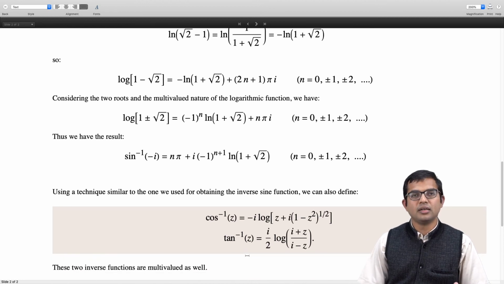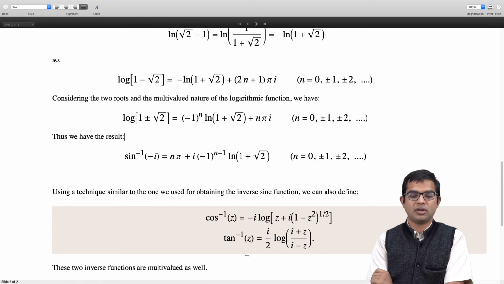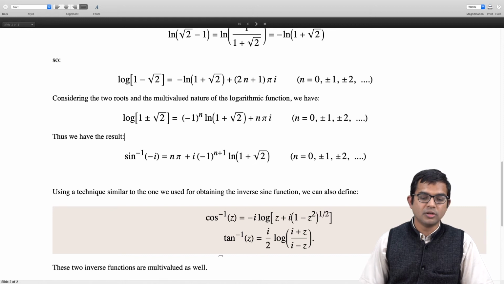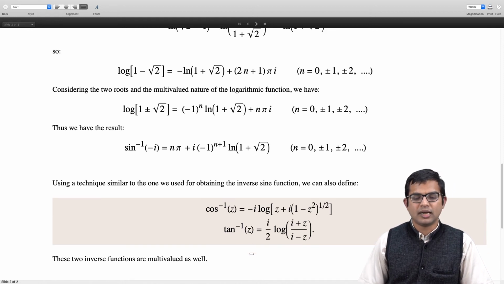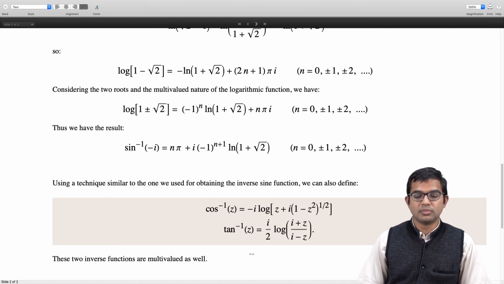Both of these are again multi-valued functions, and there is a way to analyze these functions as well inside some single valued branch, as it is called. And in fact, within that branch, since log is a nice well-behaved analytic function, in fact all these inverse functions are also going to be nice and well-behaved within so-called single value branch. Right? So we may discuss this aspect a little more carefully at a later time.